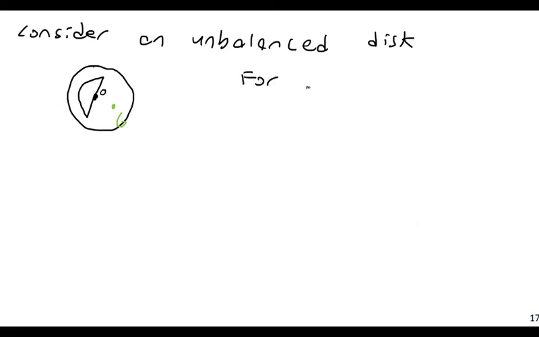For the unbalanced disc, we're going to have AO, the acceleration of this point, which is going to be equal to R alpha. So this isn't rolling, it's actually rotating about this point.